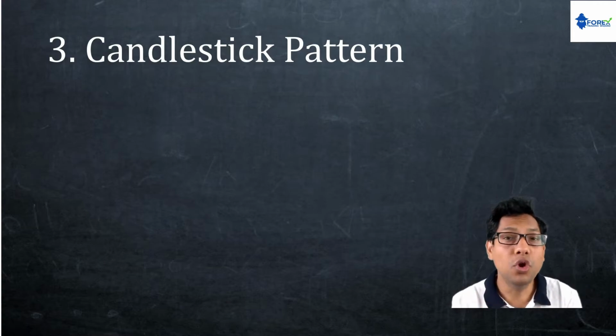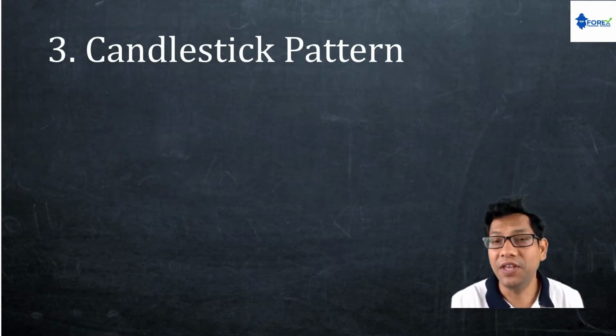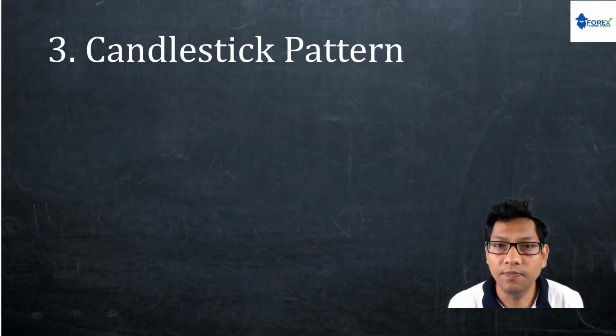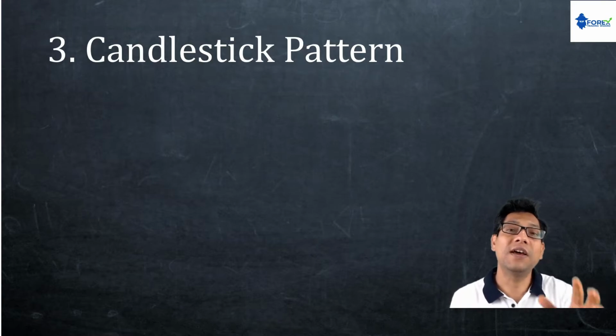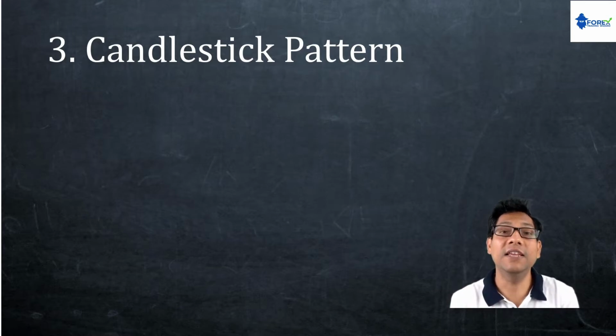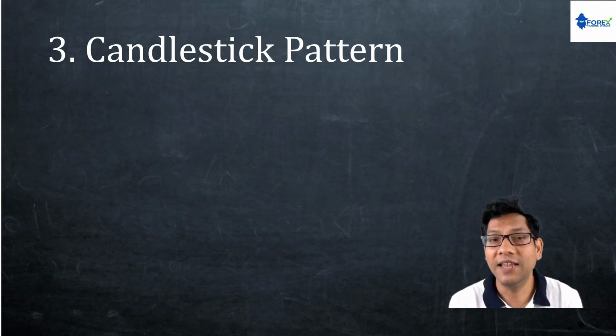But if you do not learn the previous step that I told you, then candlestick patterns will not bring any meaning to you. Candlestick patterns are only valuable when they are based on market structure and in an area of value.